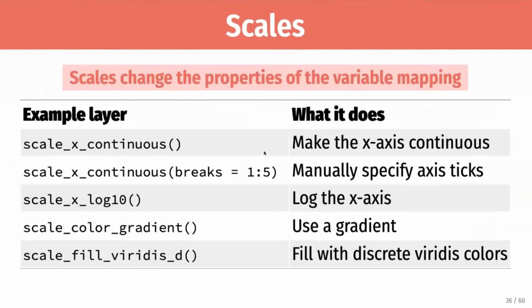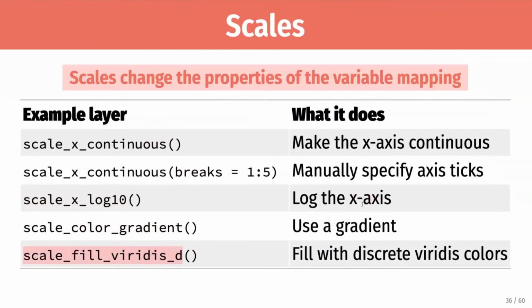So scales, what they do is they change the properties of the variable that you've mapped. So if you added something like scale x log 10, we saw this with the gapminder data. That takes whatever is on the x-axis and puts it on a log scale instead of a linear scale. If you want a gradient scale, you can do that. If you want to fill by this fancy palette called Viridis, we'll talk about this in a minute.